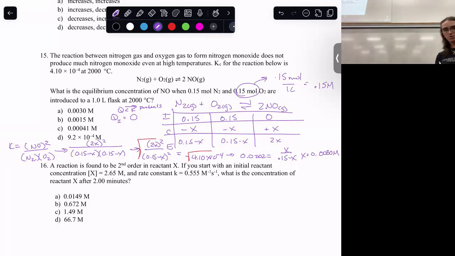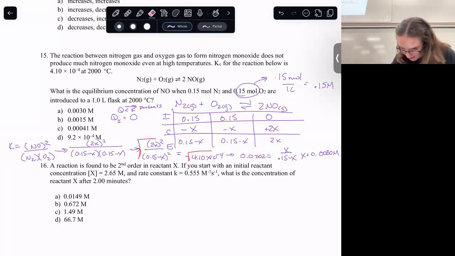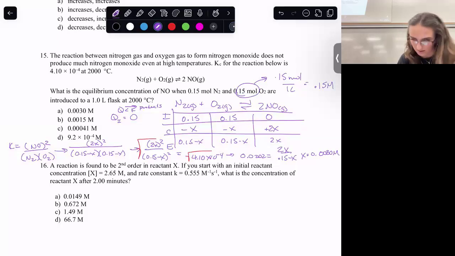So then the equilibrium concentration is what? Should be 2 times that. Is that answer on there? No, right? It's just 2x. Did I mess up? Oh, I messed up. I see what I did wrong on my answer key. Oopsies. This is 2x. This is equal to x.